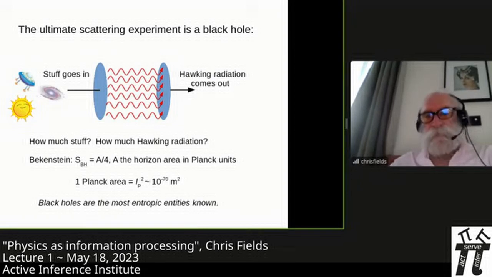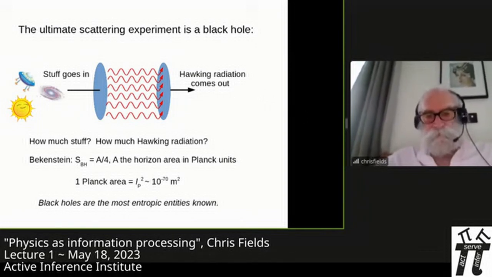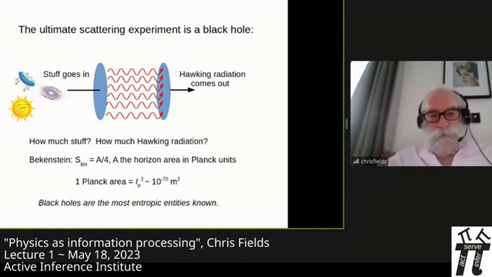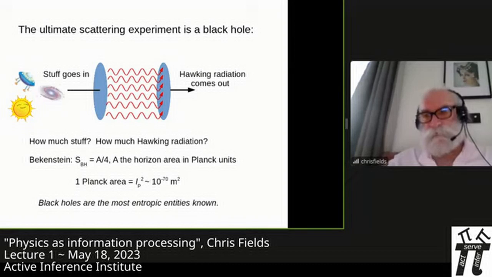And you can ask, how much is the information that's being emitted by a black hole that's emitting Hawking radiation? Bekenstein was the one who figured this out using an incredibly simple argument, but I'll just give the answer here. The answer is that the total entropy of the black hole is its area divided by 4. The area in this equation has to be computed in Planck units, which are units where Planck's constant and the speed of light and Boltzmann's constant and other interesting things are all set equal to 1.